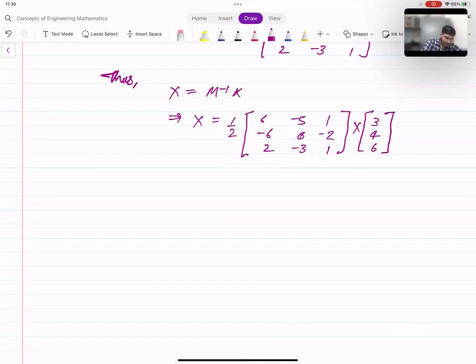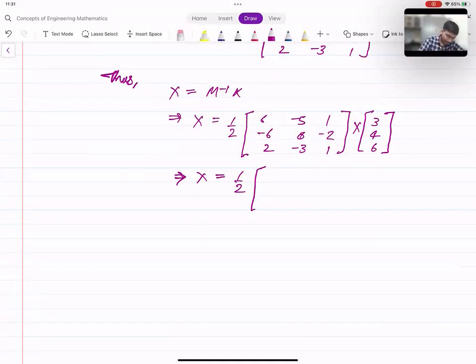Now let us multiply these two matrices. So this is 1/2, and again row multiplied by column. Since the first matrix is a 3 by 3 matrix and the second one is a 3 by 1 matrix, that is, there are 3 rows and 1 column only, the product will have again 3 rows and 1 column.